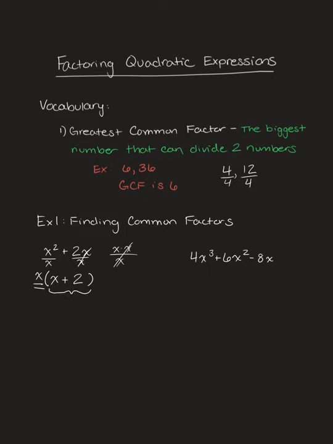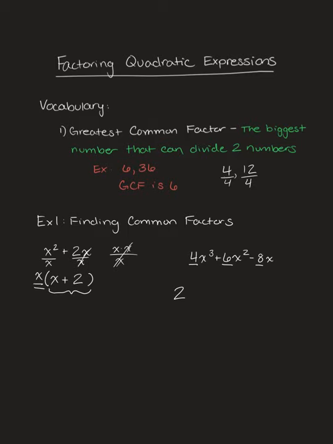Let's look at the second one here, 4x cubed plus 6x squared minus 8x. First let's look at the numbers. Between 4, 6, and 8, what is the greatest common factor that goes into all of those? Well, 2.